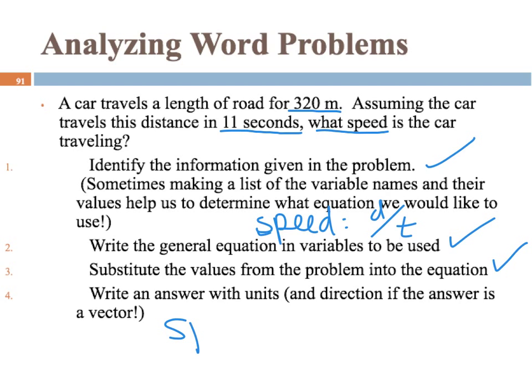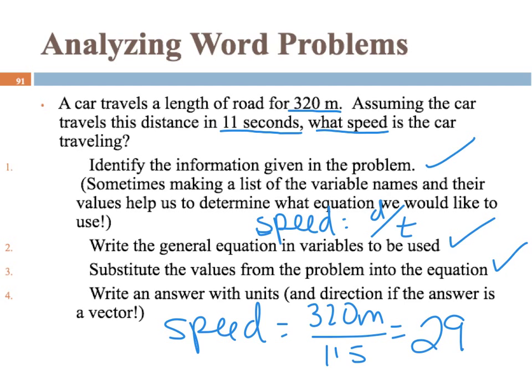So I can say speed equals 320 meters divided by 11 seconds. Okay, so that's the substitution step. And finally, I can actually calculate that. So 320 divided by 11, I get 29 meters per second. So that's the answer with the units. Okay, so that's how we solve word problems.